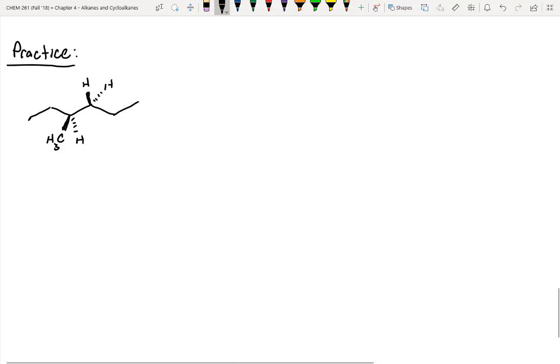So longest carbon chain is that backbone that's zigging and zagging, right? So 6 carbons long. The methyl group looks like it's coming off of carbon 3. So I'd say, all right, this is 3-methylhexane, right? Because we'd say 1, 2, 3, 4, 5, 6. That's the longest carbon backbone. Methyl group's coming off of carbon 3.